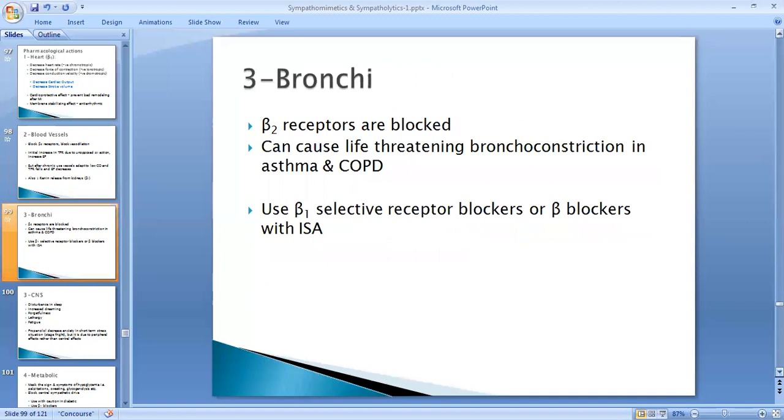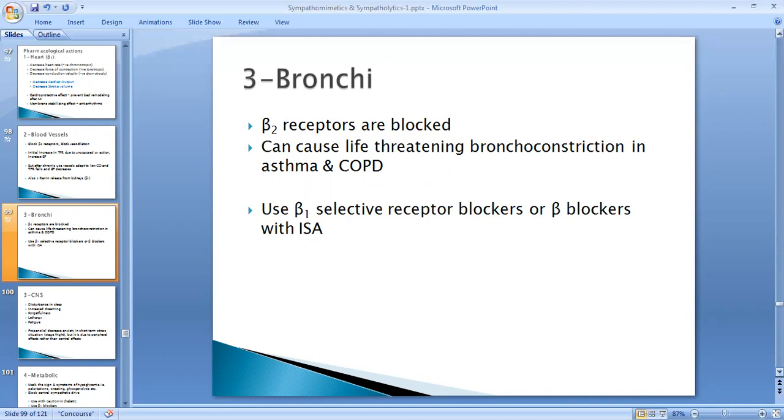Bronchi or respiratory system. Beta 2 receptors are present in the bronchioles, and when these receptors are blocked, it can cause life-threatening bronchoconstriction, especially in prone patients like those with asthma and COPD. So beta 1 selective blockers or beta blockers with intrinsic sympathomimetic activity are given in such cases like COPD or asthma.